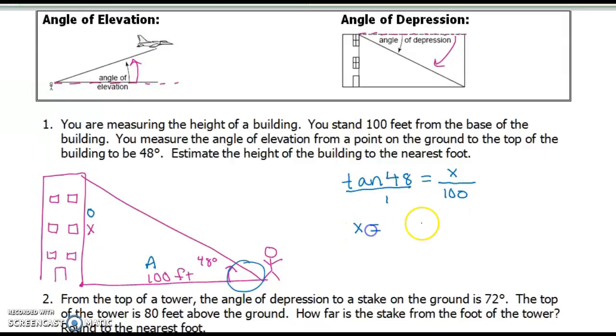We get x is equal to 100 tangent of 48, which is approximately 111.06, so we're going to say 111 feet tall. And that's an angle of elevation problem.